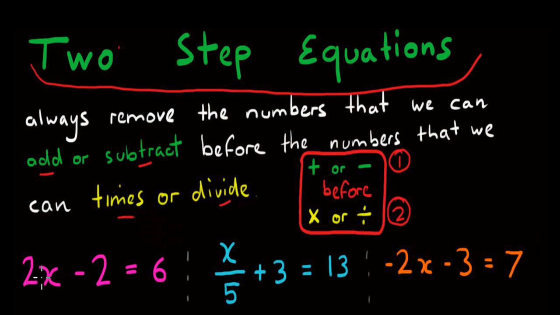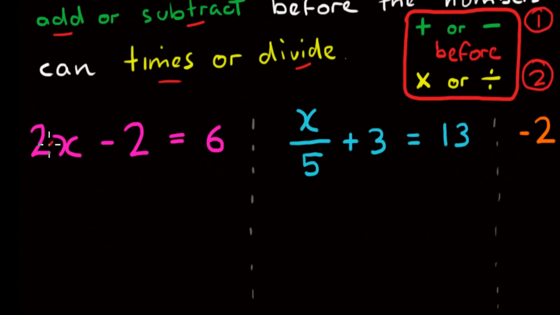So we've got 2x minus 2 equals 6. Remember, there's a times between the 2 and the x. We don't see it, but it's always a times between them. So what do we do first? Remember, we try to remove, in this case, the minus 2, because plus or minus will be removed before times or divided by. So if it's minus 2, what we have to do is the opposite operation, which would be plus 2 to both sides.